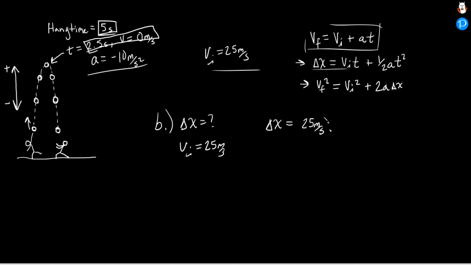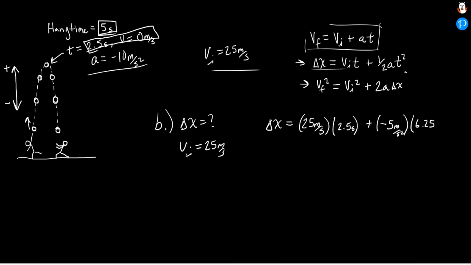So we've got delta x is equal to, so let's plug in initial velocity is 25 meters per second times the time, which is 2.5 seconds, plus 1/2 times the acceleration. I'm just going to do that right off the bat. Our acceleration is negative 10, so I'm just going to make that a negative 5 meters per second squared, and then t squared, so 2.5 squared is going to be 6.25.